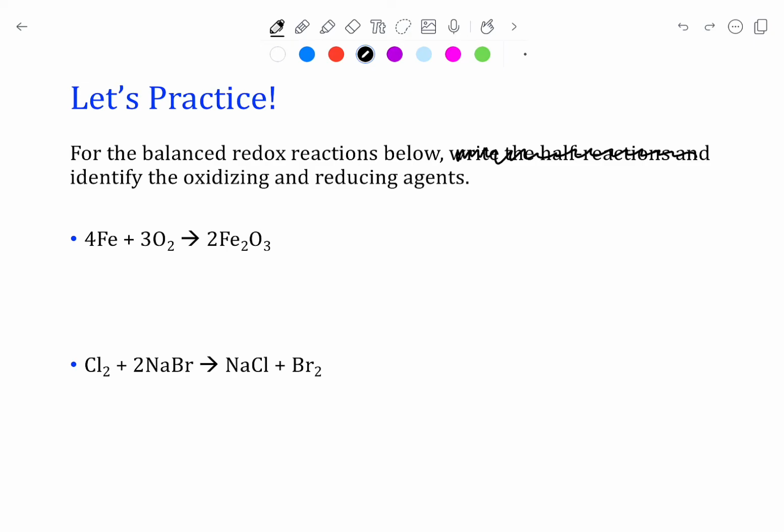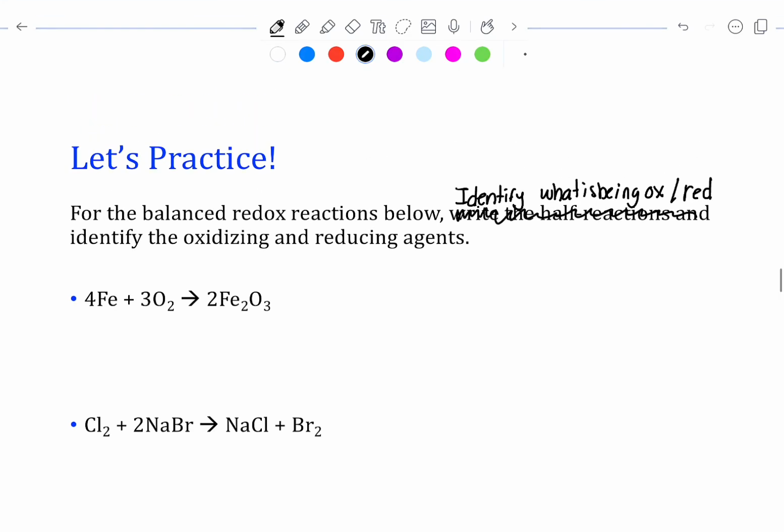But what I want us to do first is just identify what is being oxidized and reduced. Okay, so I'll put our little mnemonic devices up here. OIL RIG and LEO GER.